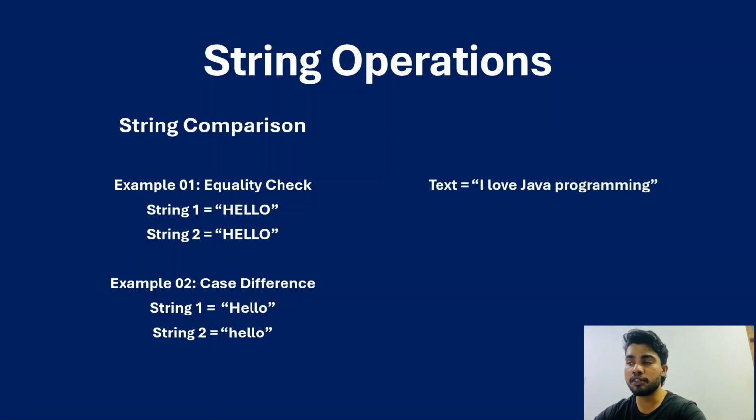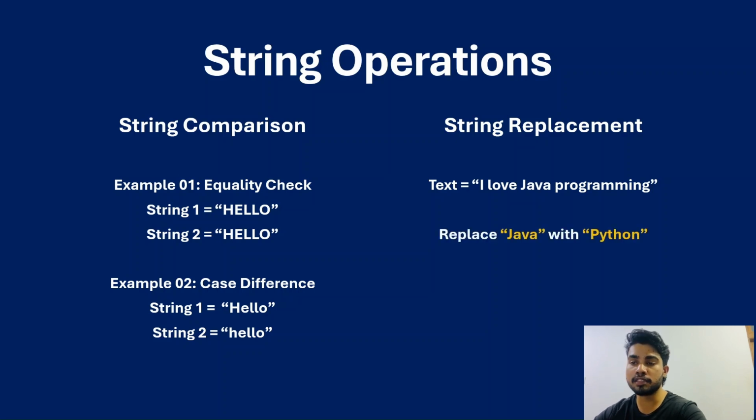The final string operation is string replacement. String replacement is used to replace a part of a string with another string. This operation helps modify text without changing the entire string. For example, I'll take a string such as "I love Java programming".